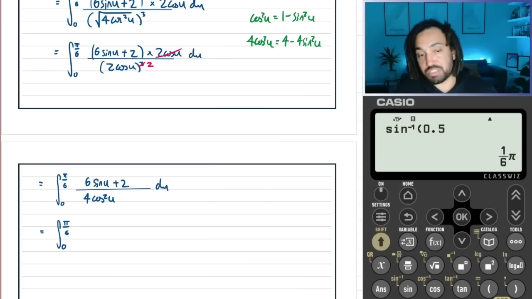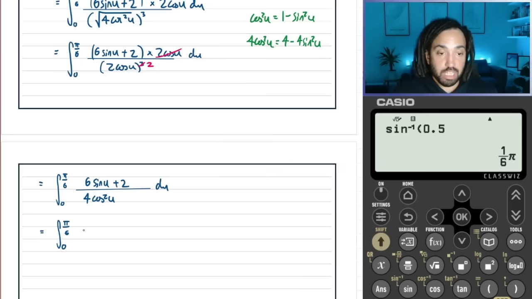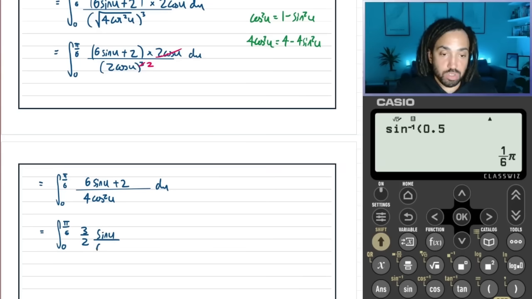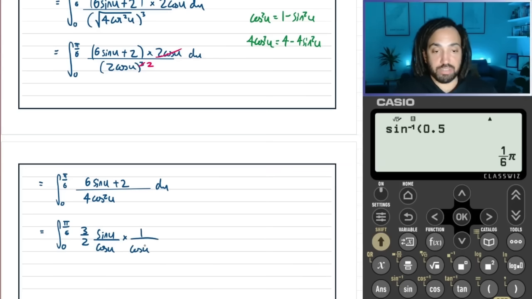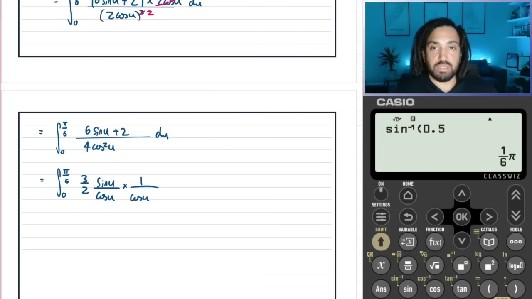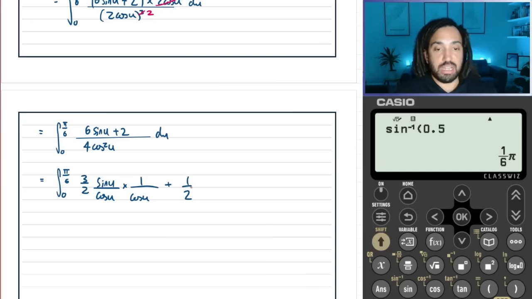So it makes sense now to split this up into 2 terms. So this is 3 over 2 because 6 divided by 4. And then what have we got here? We've got a sine u over a cos squared u. So that's the same as writing it like this, and that'll become apparent as to why I've done that in a second. Okay, and then the next term is going to be 2 divided by 4 is a half. And of course, we're going to have cos squared u on the bottom.